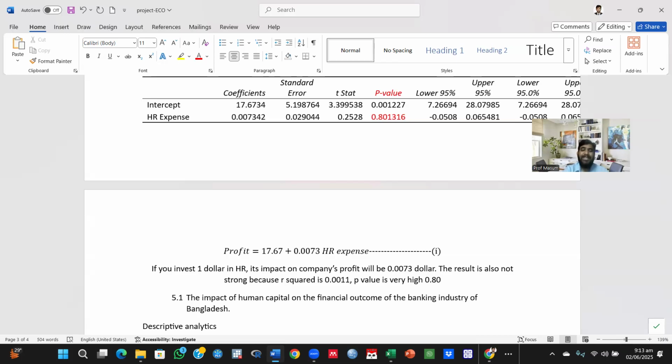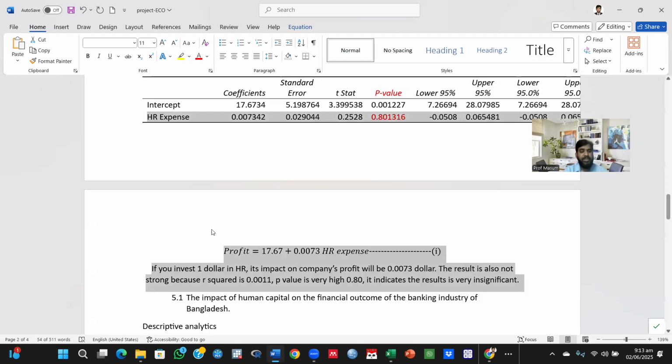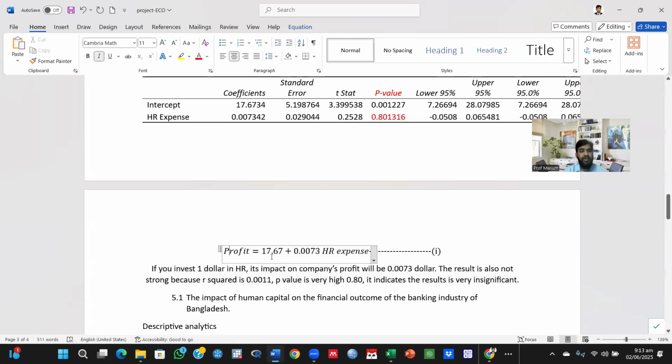It indicates the result is very insignificant. So this is your ultimate explanation you are providing on the impact of HR expense on profit.